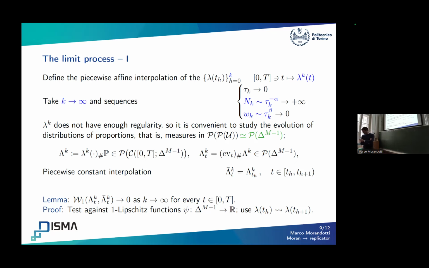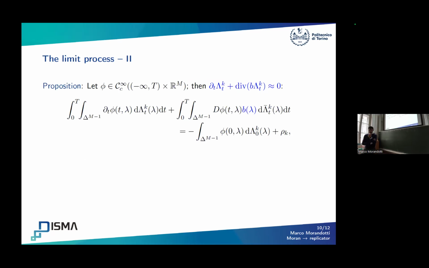Basically, if I take the piecewise affine interpolant of the curve on the simplex and I do the push forward of it, or if I take the piecewise constant approximation of the evaluation map, then I have measures that converge to one another. They become arbitrarily close.